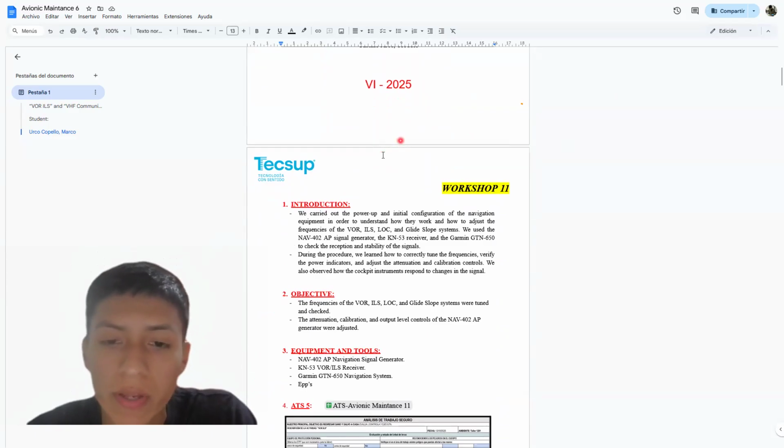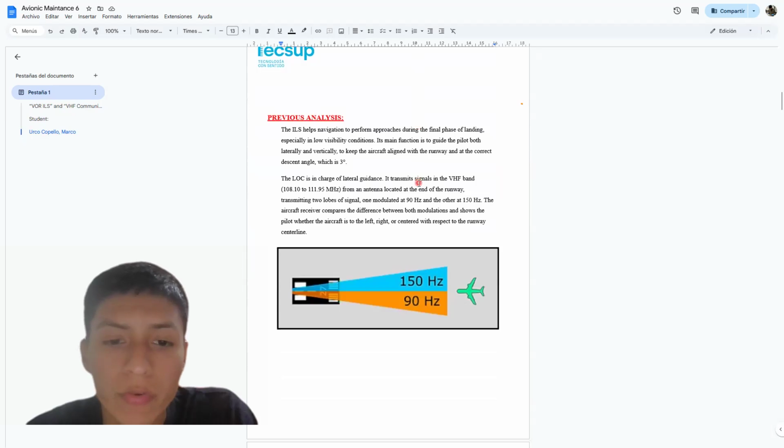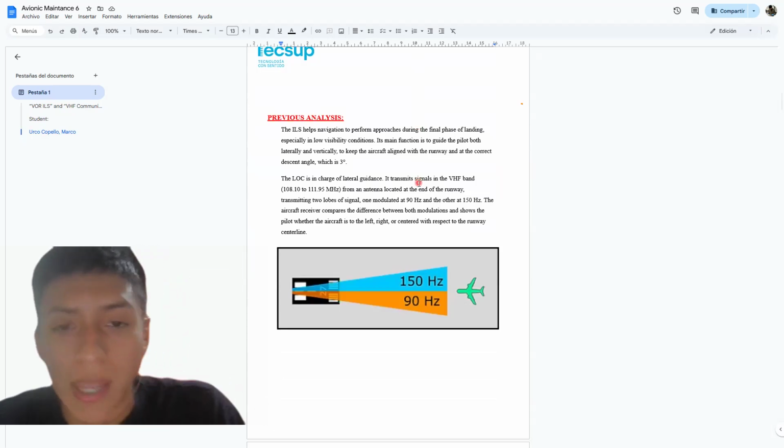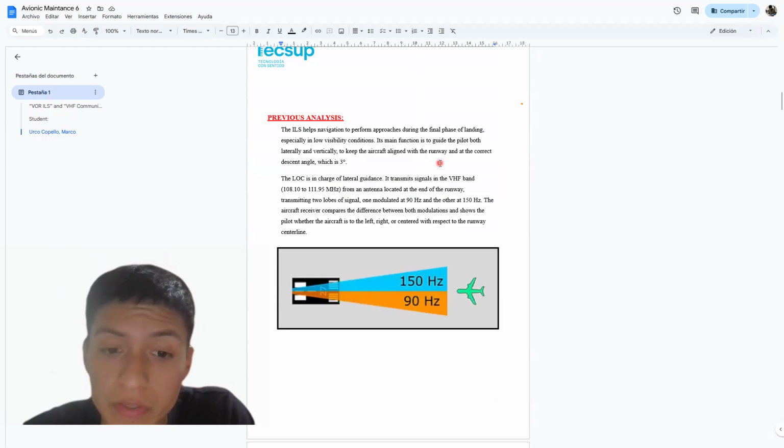During the session, we worked on the NAP 402 signal generator, the KN53 receiver, and the Garmin. The main goal was to learn how to tune the frequency, verify the stability of the signals, and observe the response of the connected instruments.